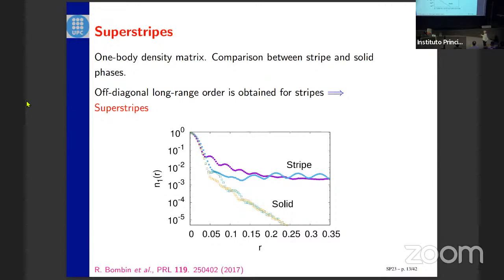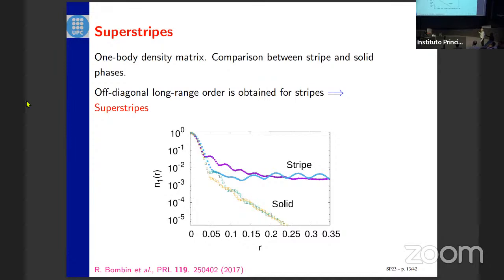Two interesting things. In the case of the stripe, we calculated the one-body density matrix in the two directions, X and Y, okay? Because we were interested in observing if there is any effect. And the result, which is probably expected, is that we see a kind of plateau. Of course, there is an oscillating behavior because when I move from a stripe to a stripe, okay, there is this sensitivity, the periodicity of the stripe.